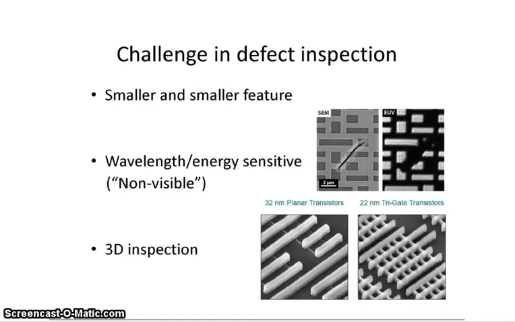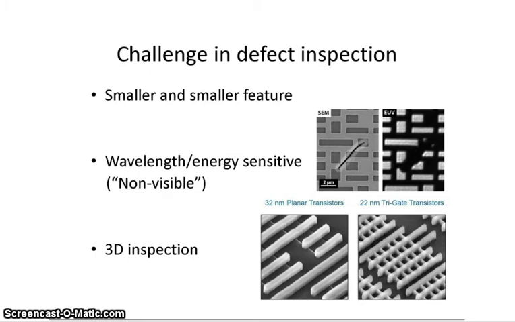And finally, the challenge. The challenge for defect inspection is that the defects are getting smaller and smaller. It's really hard for optical inspection or E-beam inspection to see smaller and smaller features. Also, if we use one single method to do the inspection, it might be limited by the wavelength.